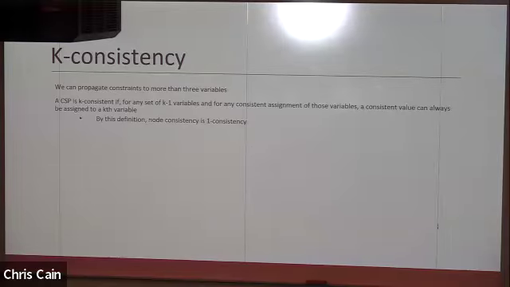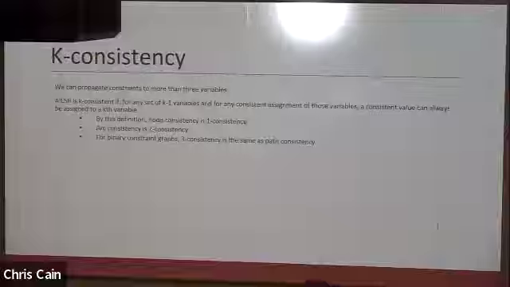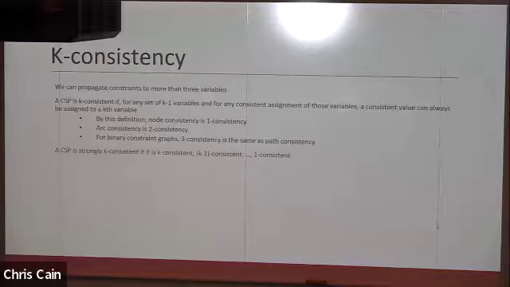So node consistency by definition is 1-consistency. And arc consistency is by definition 2-consistency. And then as long as we have a binary constraint graph, 3-consistency is identical to path consistency. And that's only if all of your constraints are represented as binary constraints. Last definition you might care about: we say it's strongly k-consistent if it is k-consistent and k minus 1 consistent and k minus 2 consistent all the way down to 1-consistent.